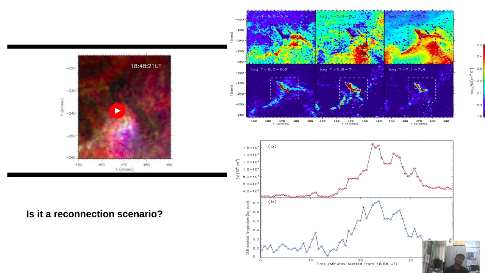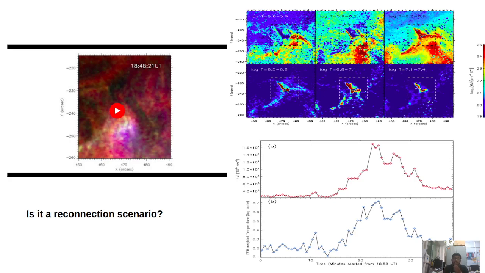Using the differential emission measure from different temperature bands, you can find out the total emission measure across the entire temperature band available.